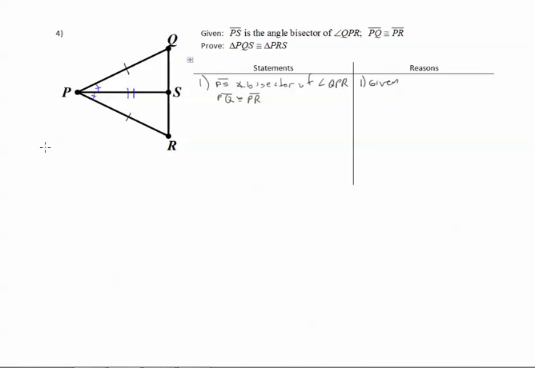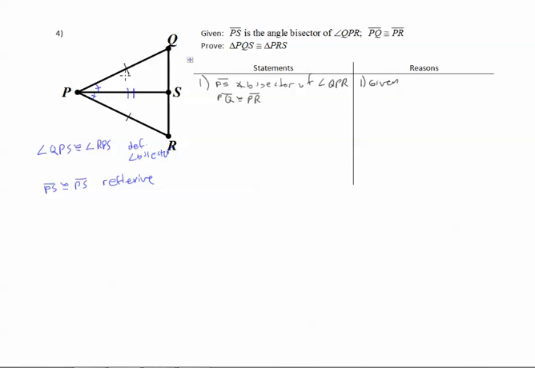So the items that we've introduced in our brainstorming session over here are angle QPS is congruent to angle RPS, and that's because of the definition of angle bisector. We've also discovered that segment PS is congruent to segment PS, and that's because of the reflexive property.